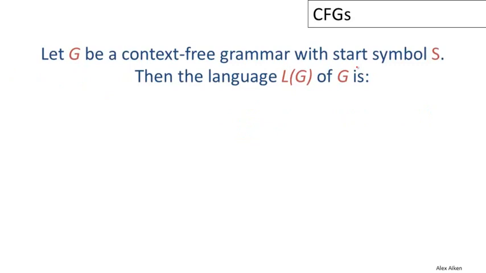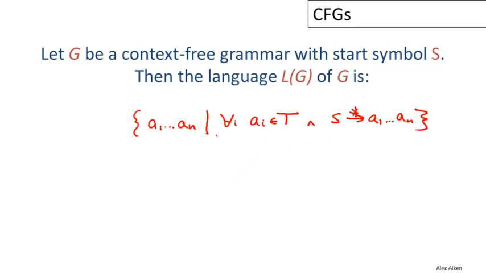So finally, we can define the language of a context-free grammar. So let G be a context-free grammar. It has a start symbol S. Then the language of the context-free grammar is going to be the strings of symbols, a1 through an, such that for all i, ai is an element of T, where T is the set of terminals of G, and the start symbol S goes in 0 or more steps to a1 through an.